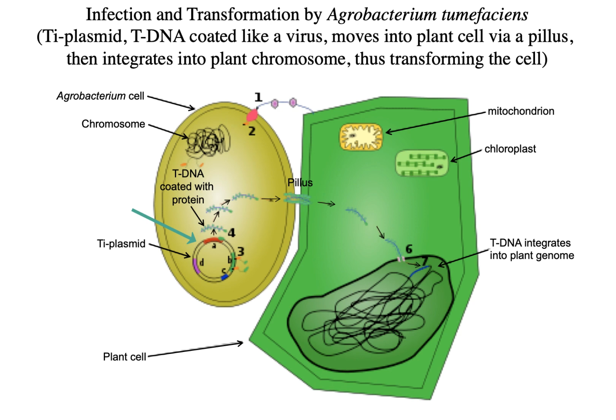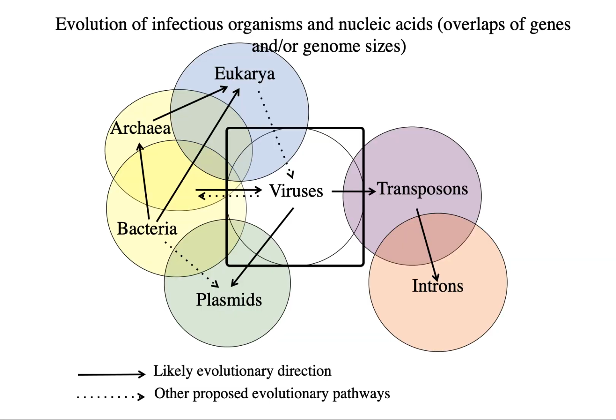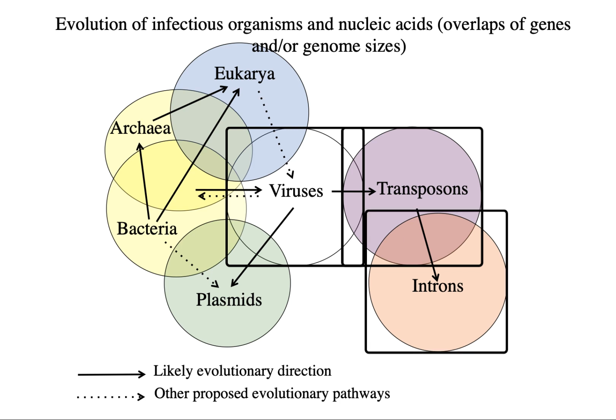So this process employs a plasmid, but the plasmid then acts somewhat like a transposable element, or at least parts of it act like a transposable element. And then because it coats the nucleic acid with a protein, it looks somewhat like a virus as well. So we started by talking about viruses and how they're related to transposons, and how transposons are sort of reduced versions of viruses, and introns are reduced versions of those, although there are crossovers among all those.